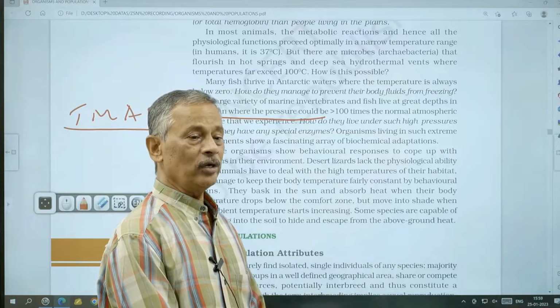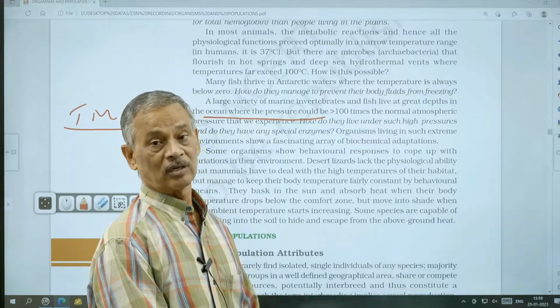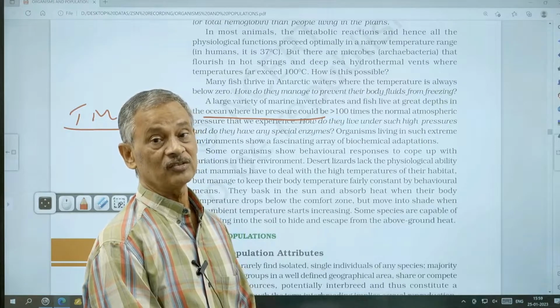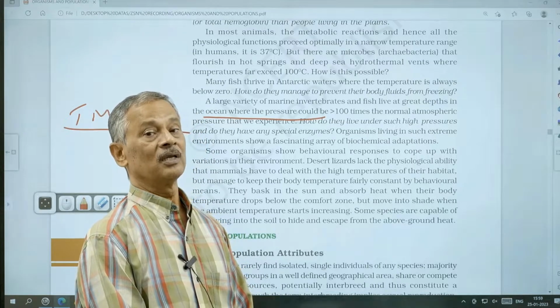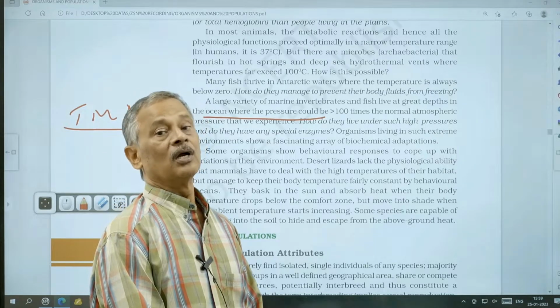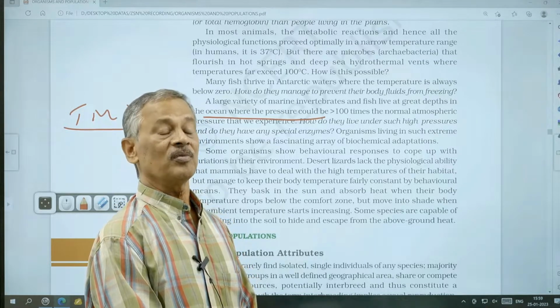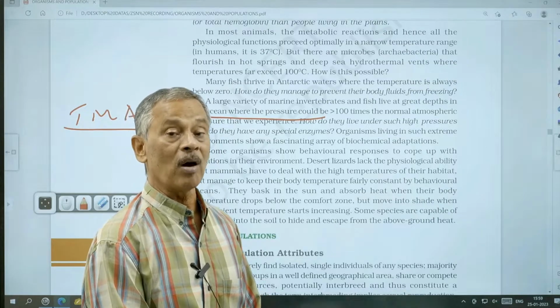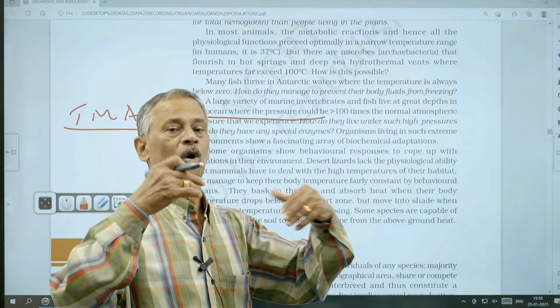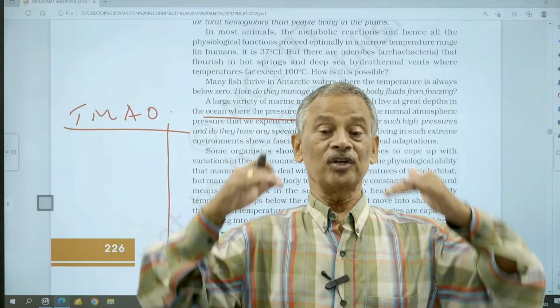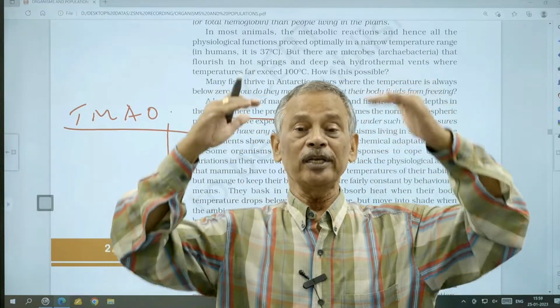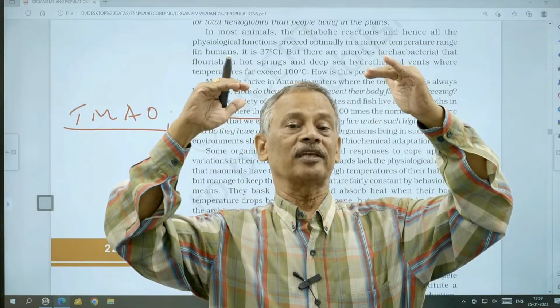They avoid extreme heat by hiding in shades, in burrows. When it is too hot, they will never come out. And when their body metabolism is very low, they come out and bask in the sun. So their body will absorb heat from the sun and their body temperature increases. When the body temperature increases, their metabolic rate also increases.